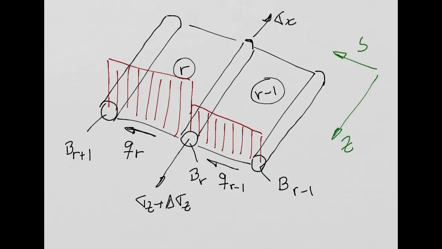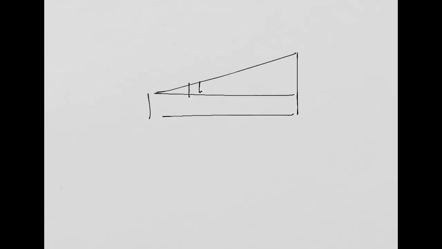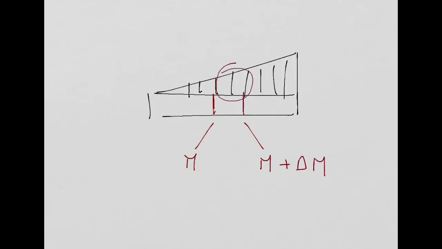This is because, why do we have this? Because you remember when we studied the beam deflection, right? Imagine I have a distributed load like this in my beam. If I look at these two different sections of my beam, here I will have a bending moment in this section, and in this section I will have the previous bending moment plus a variation in bending moment because my loading is changing, right?